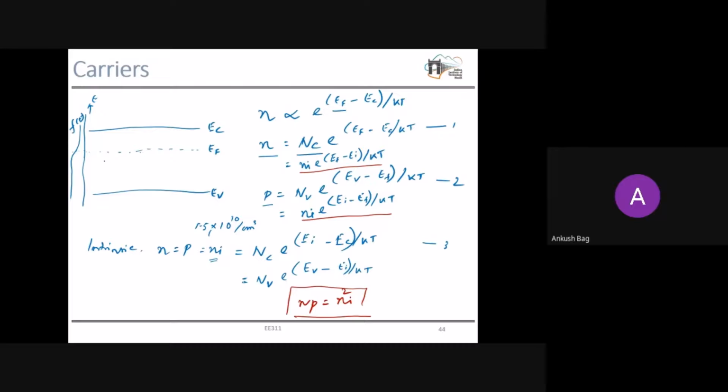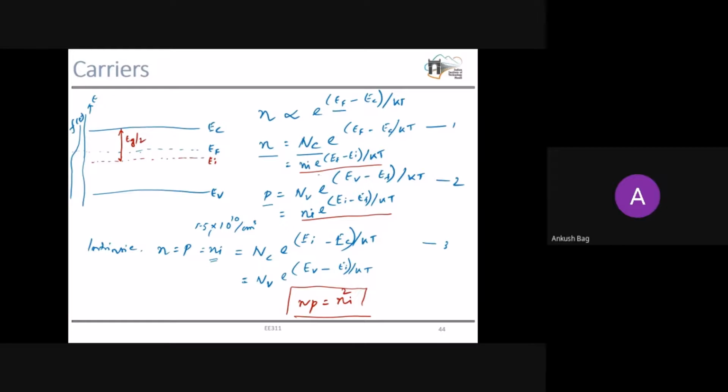EI is your intrinsic semiconductor Fermi level, which lies exactly at the middle of your band gap. So that means this is EI, and as you know, it is exactly Eg divided by 2.